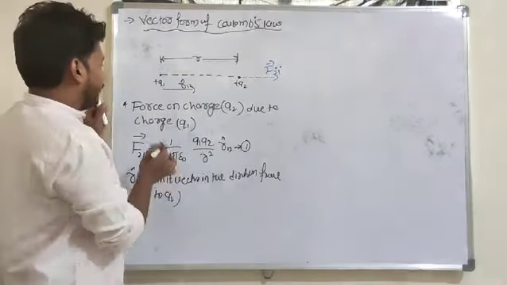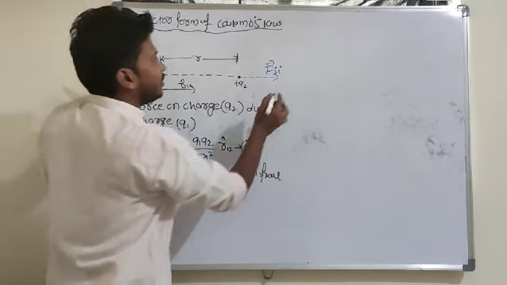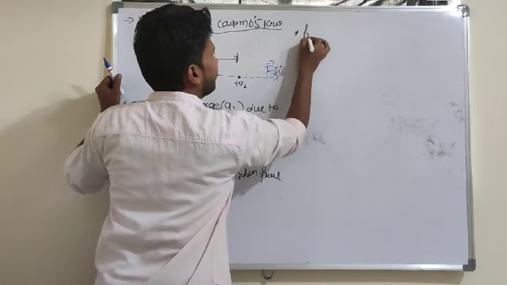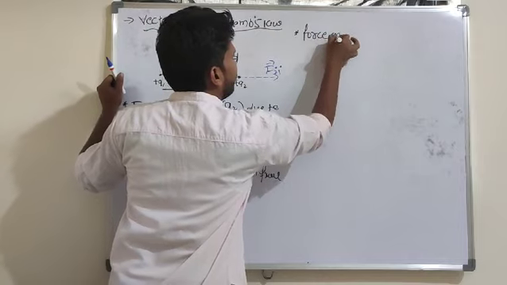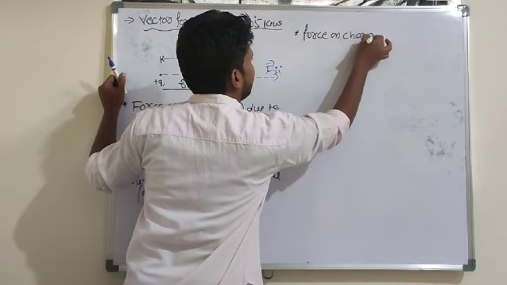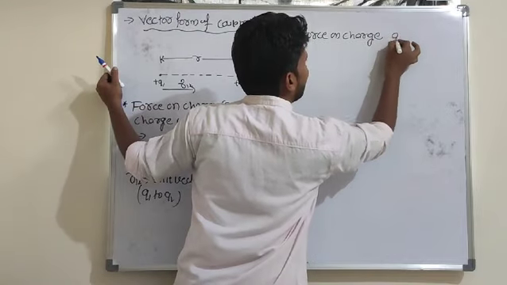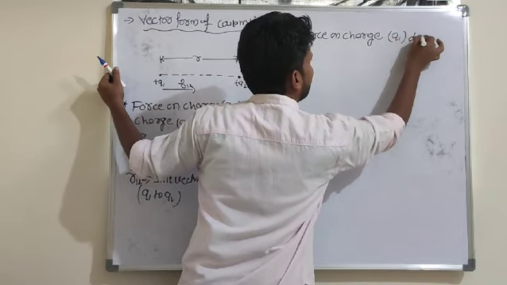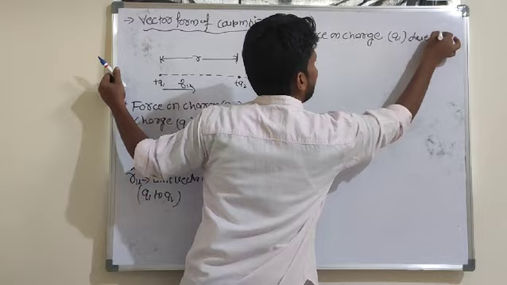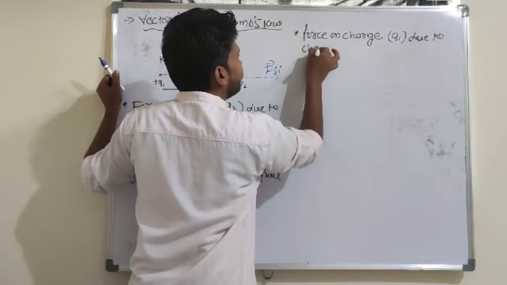Similarly I will write the force on the charge q1 due to charge q2. Since similar charges mean a repulsive force exists here, this force is F12. It means force on charge q1 due to charge q2.